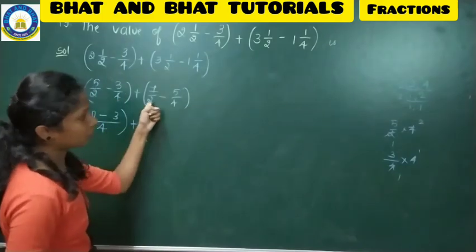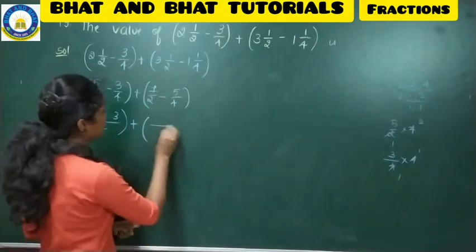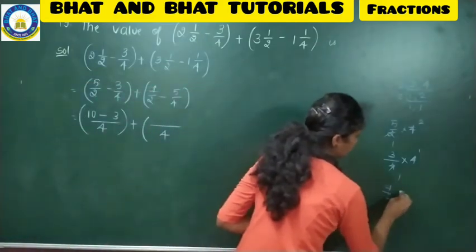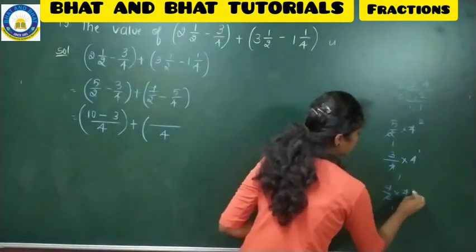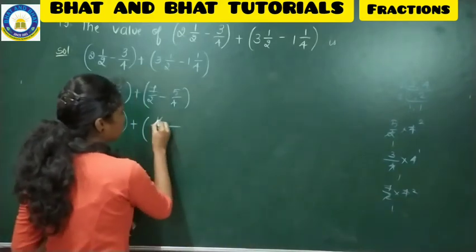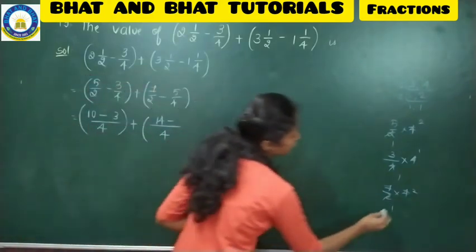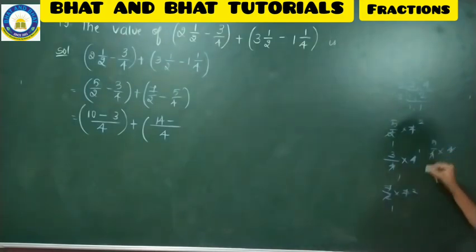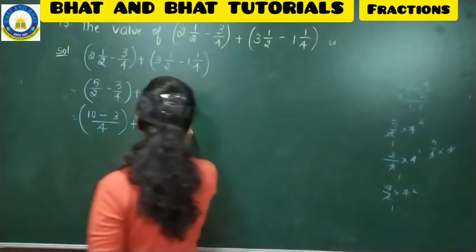Take the second part now. Same numbers, right? The same LCM will be 4. So 7/2 into 4: 2 ones are 2, 2 twos are 4, 7 twos are 14, minus 5/4 into 4: 4 ones are 4, it is 5.